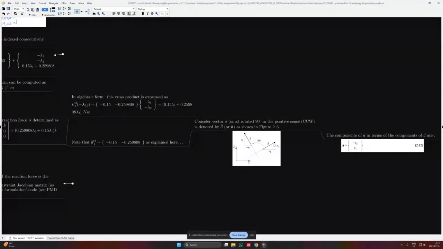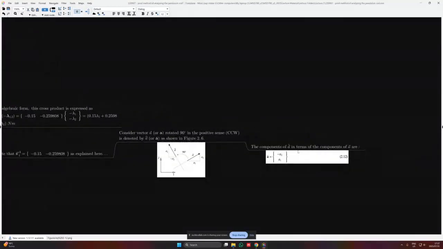So I have a vector A with components A1 and A2 in the 1 and 2 directions shown over here by the coordinate system. If I rotate it 90 degrees, I end up with A rotated, which now has components minus A2 and A1. All right, so the components of A rotated in terms of the components of A are simply minus A2 and A1.